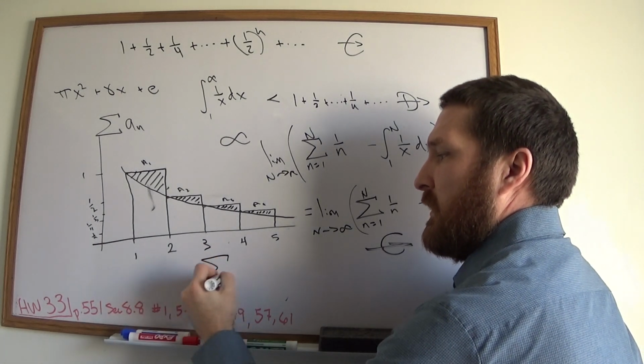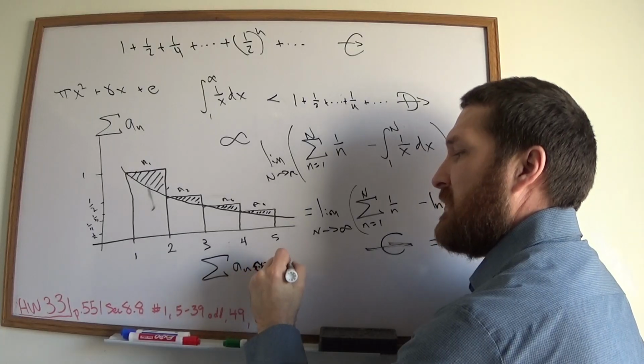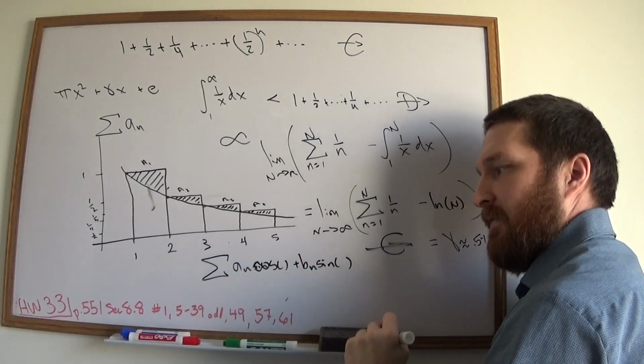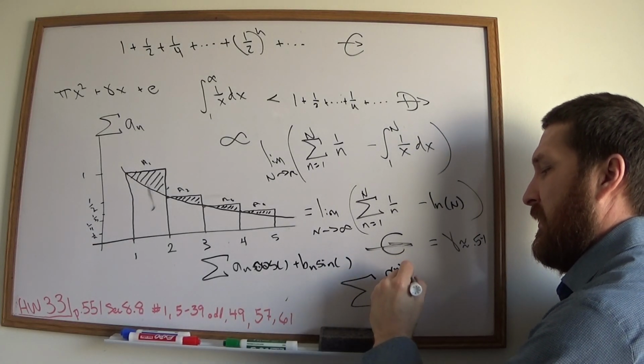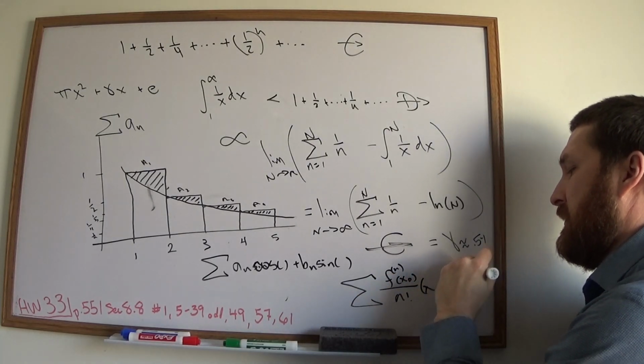Think a_n cosine stuff plus b_n sine stuff, or think the sum of f of x0 over n factorial times x minus x0 to the n.